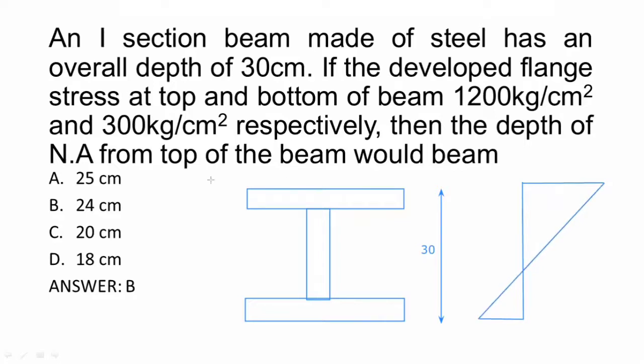Now 1200 is here at the top, and at the bottom it is 300. What is asked is the depth of neutral axis from the top of the beam. It means this distance has been asked. This value has been asked.